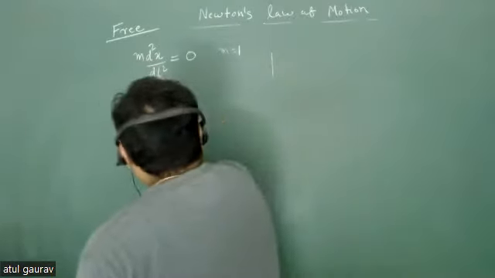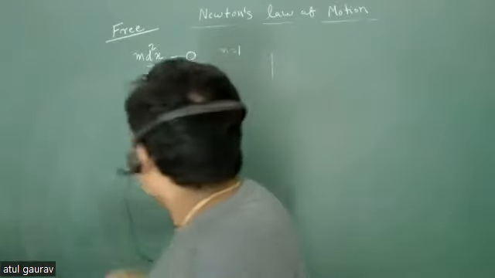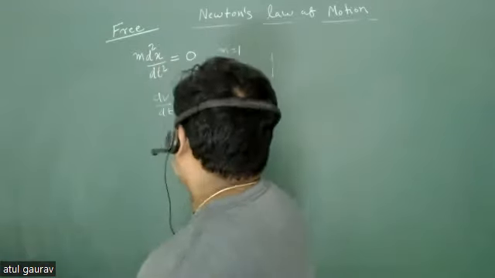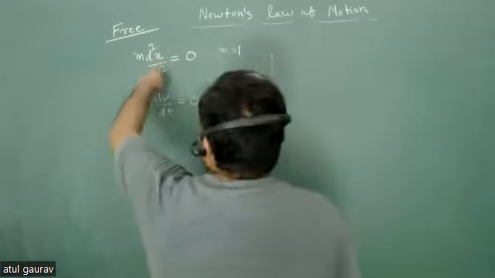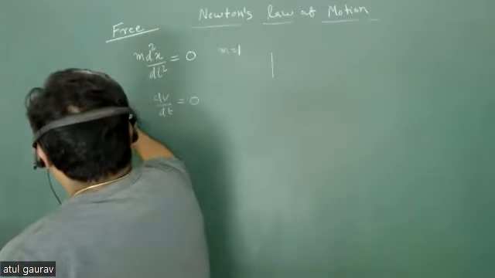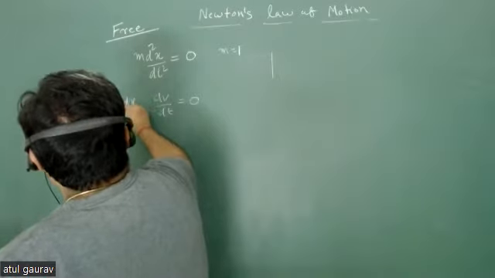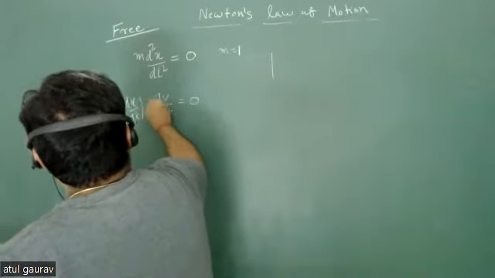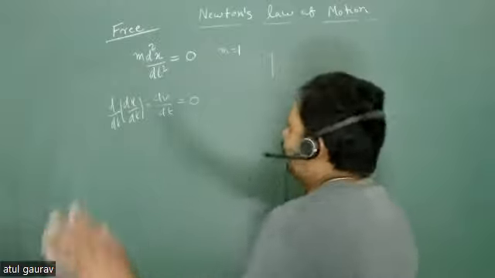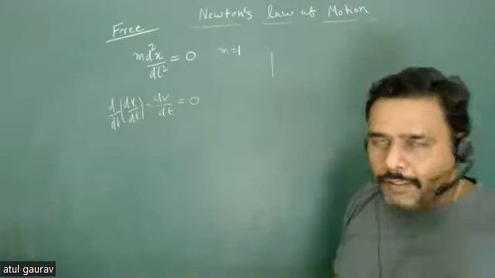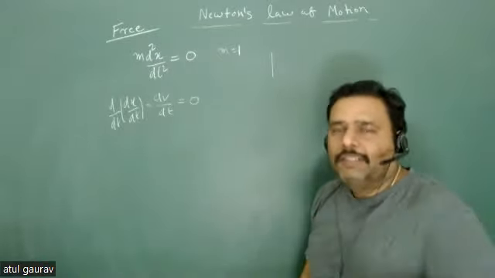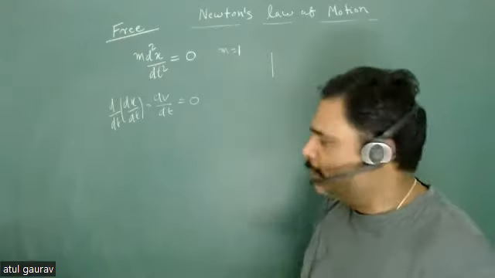Wait. So dv/dt is equal to what? 0, right? dx/dt, you can write this something like this: d/dt of dx/dt, which is dv/dt. You can solve a differential equation in n number of ways. I am not an expert of differential equations; I am just using first principles to solve the problem. Okay.